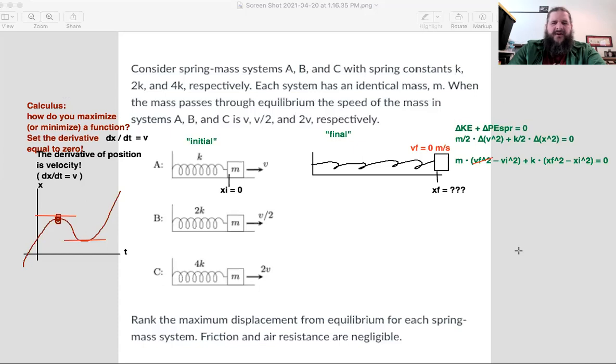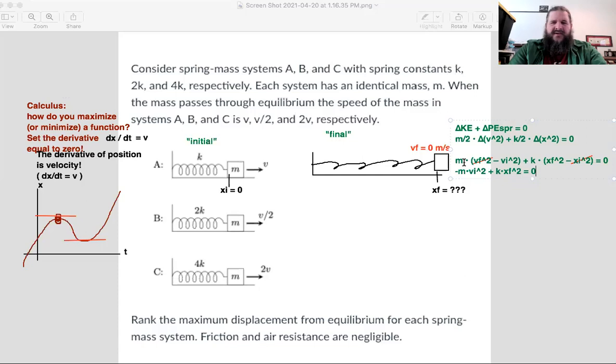And also, what else is 0? Yeah, x initial is 0. Since those are both 0, we can just leave them out. So we're left with mass times negative v initial squared, so negative m v initial squared, plus k times x final squared minus 0 equals 0.